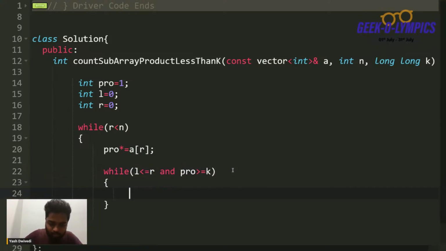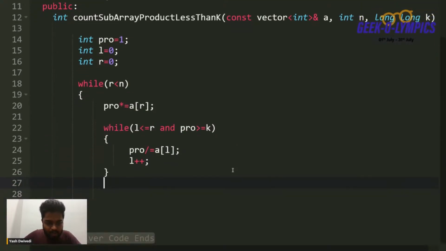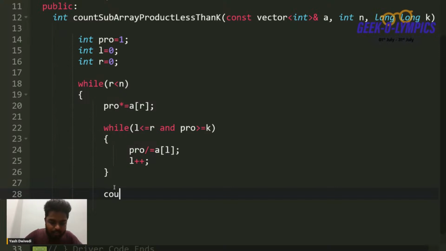And if this is so, then I will say product /= A[L]. So basically, I'll first divide by this Lth element, and then I will move my L forward. That is what I'm going to do. After this part is done, we will say that the counter is going to be counter += R - L + 1.